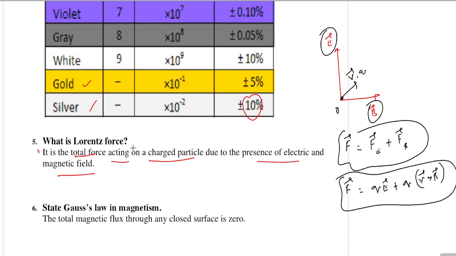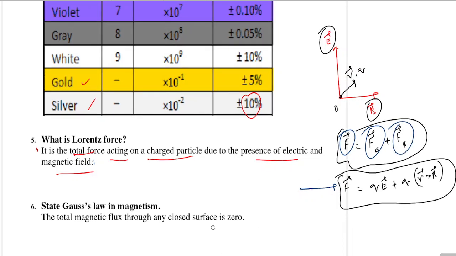Here we are asked only for the statement, so this is sufficient. In case they ask for a formula or equation for Lorentz force, it is given by this form. Since force is a vector quantity, we need to add them vectorially. This is called Lorentz force.